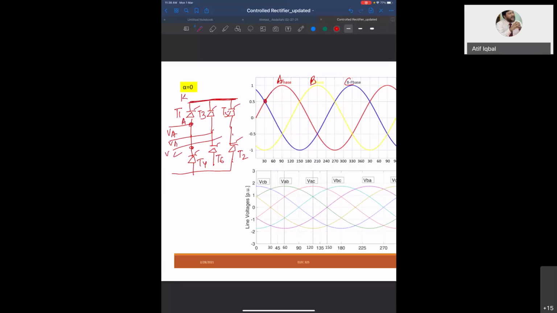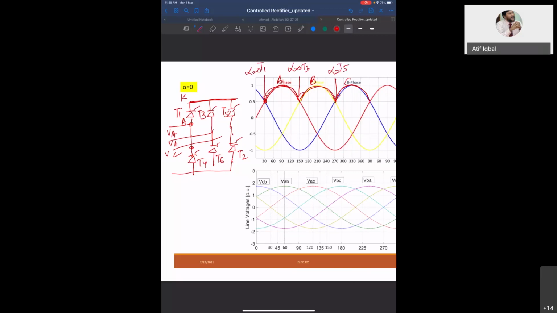So from here to here, T1 will conduct. From here to here, T2 can conduct. From here to here, T3 can conduct. Understand? This is my alpha equal to 0 point for T1, this is alpha equal to 0 for T3, and this is alpha equal to 0 for T5.